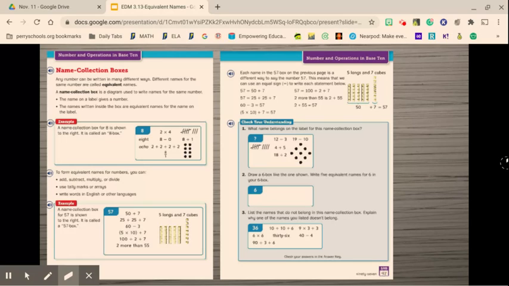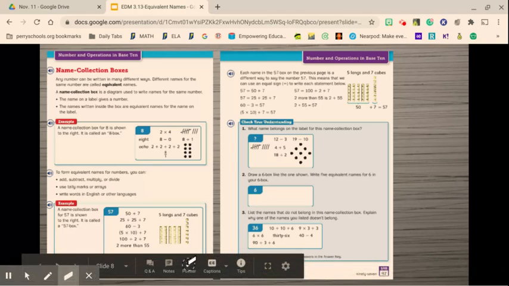So in this name collection box below, we have 8 written in a bunch of different ways. So they wrote 8 in a multiplication sentence. They wrote 8 as 2 times 4.